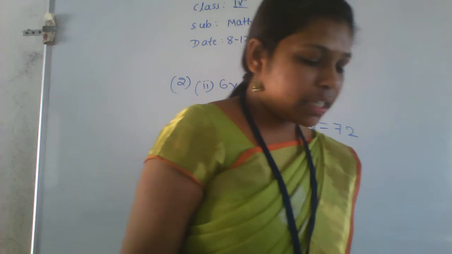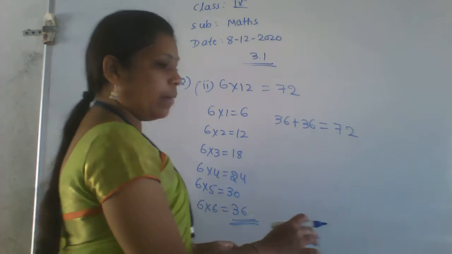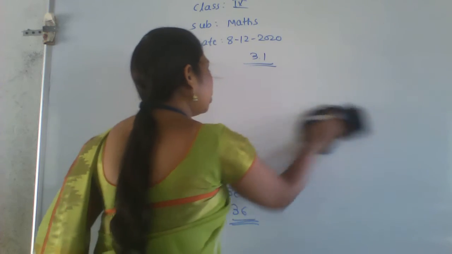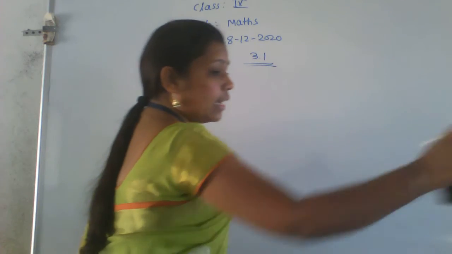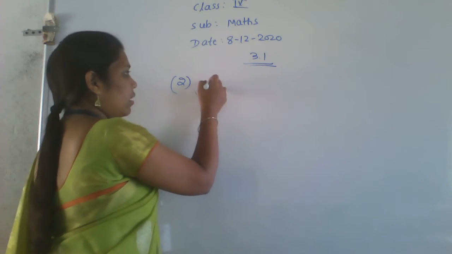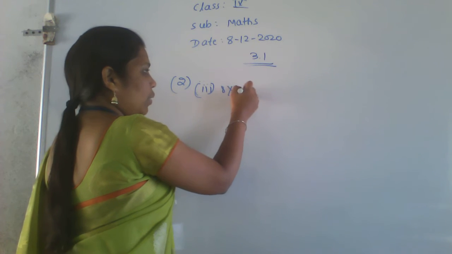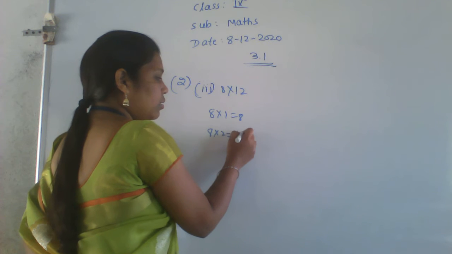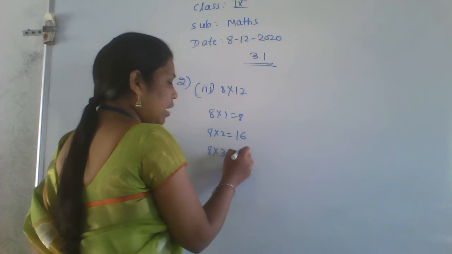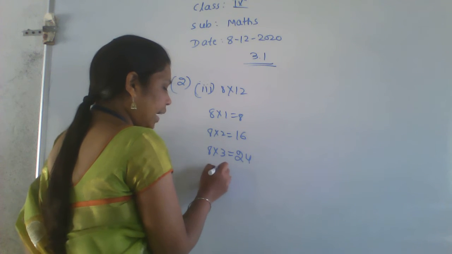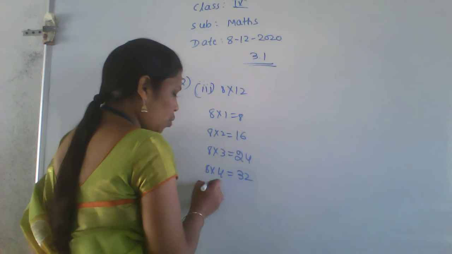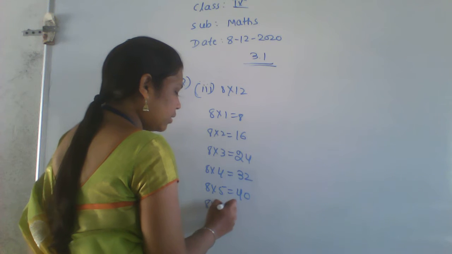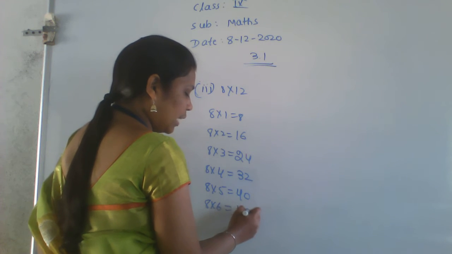Okay. Next one is 8 into 12. Write the 8 table, everyone. Third one, 8 into 12 is given here. Write the 8th table. 8 ones are 8, 8 twos are 16, 8 threes are 24, 8 fours are 32, 8 fives are 40, 8 sixes are 48, right?